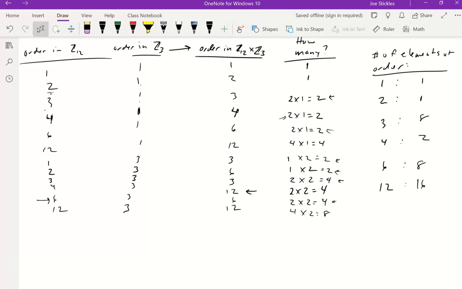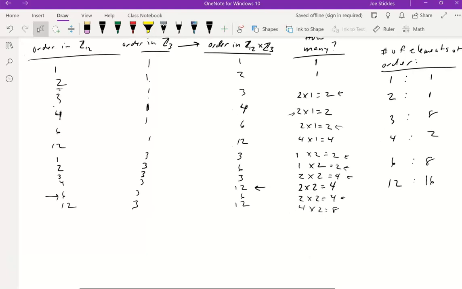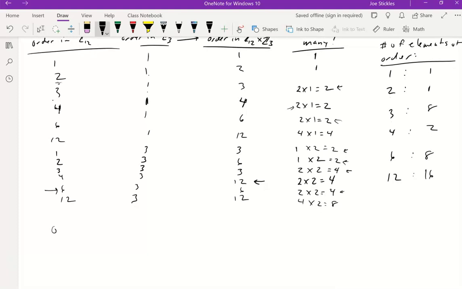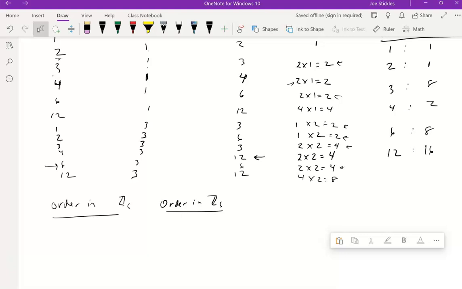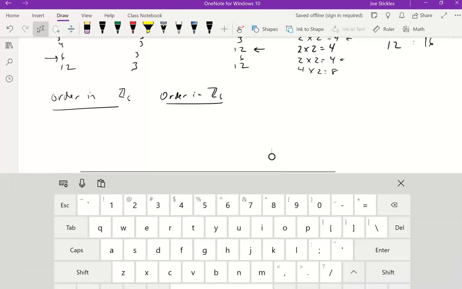That one should be a little shorter. I will still write it in 2 columns, though, just to keep things a little bit more organized. What are your possible orders of elements in Z6?